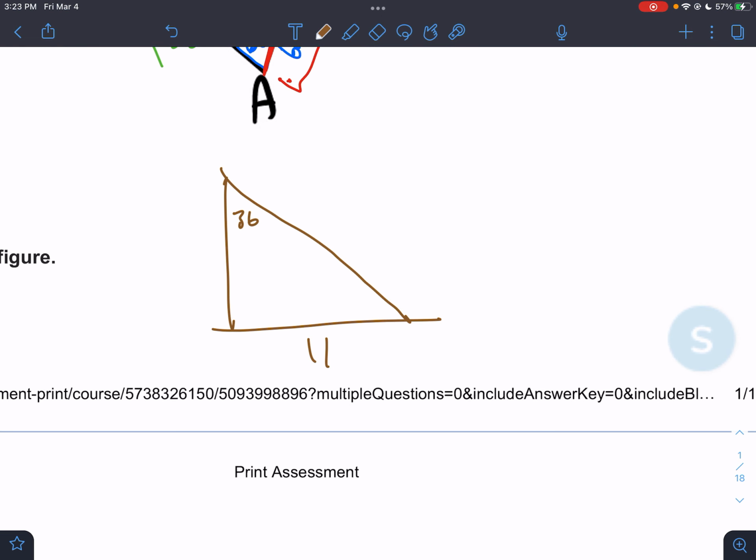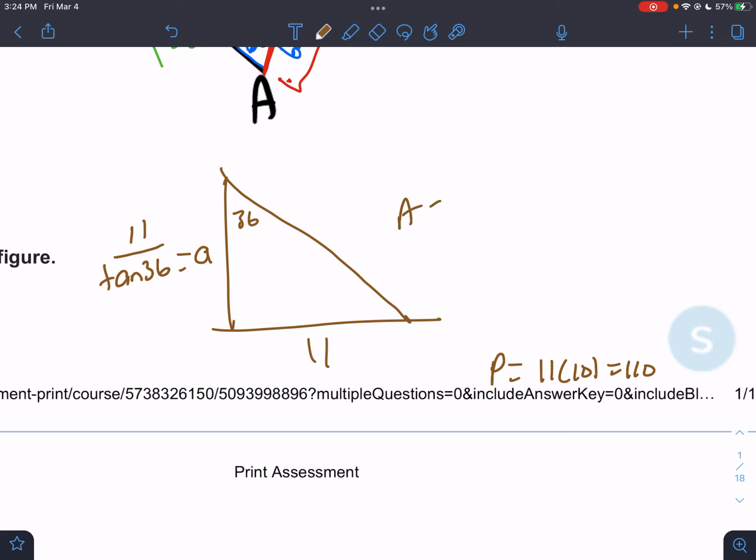I'm going to call this side A for apothem. And you can do the trig, but I promise you it's 11 divided by tan 36. So the formula is going to, we need the perimeter. If one side is 11, the perimeter would equal 11 times 10, or 110.